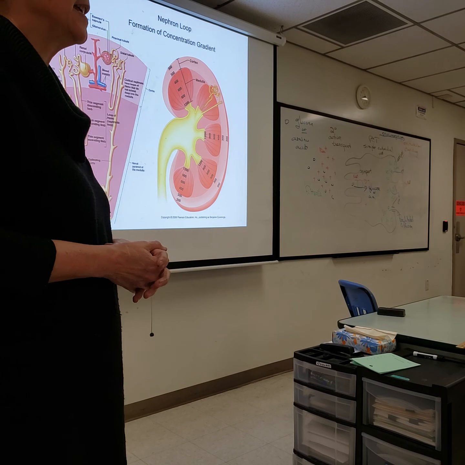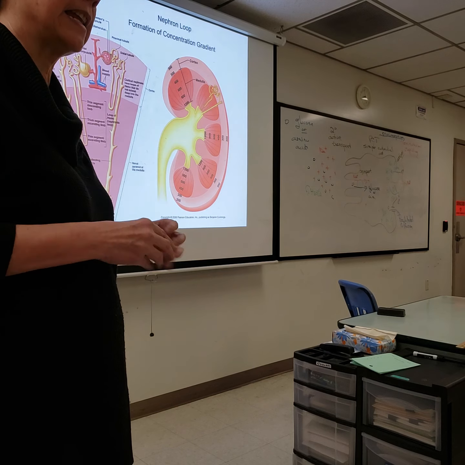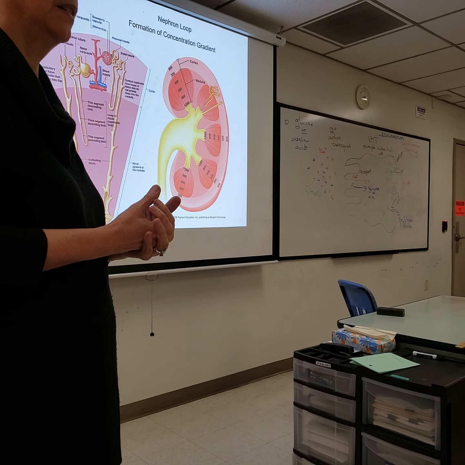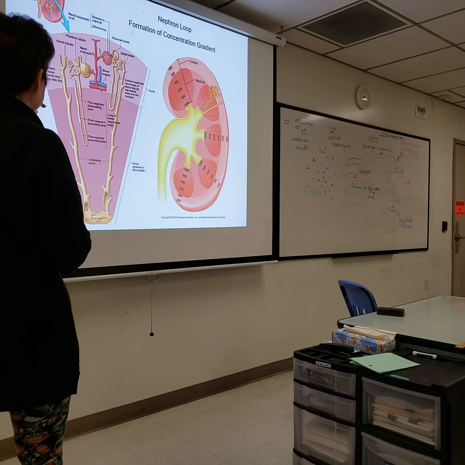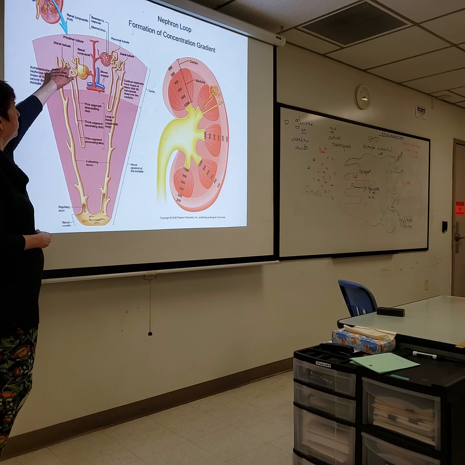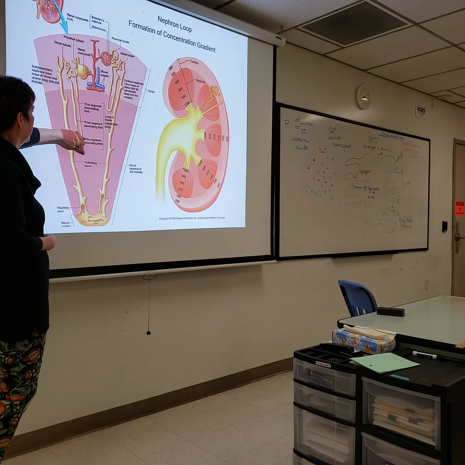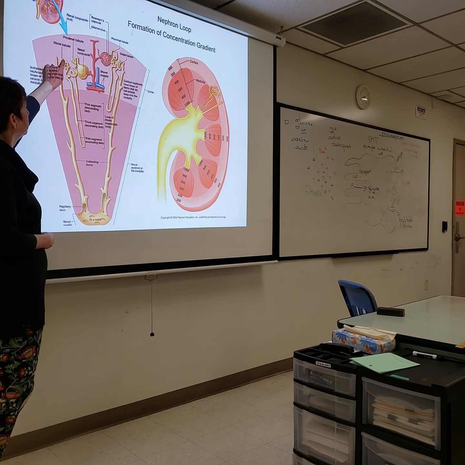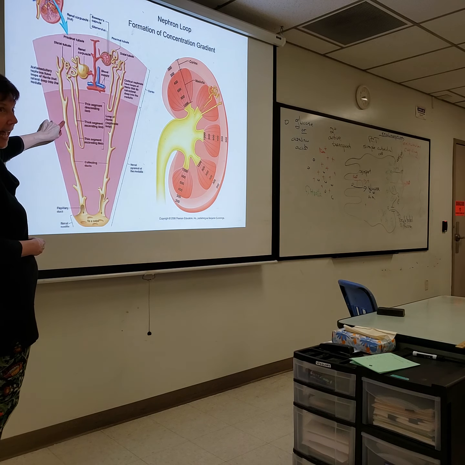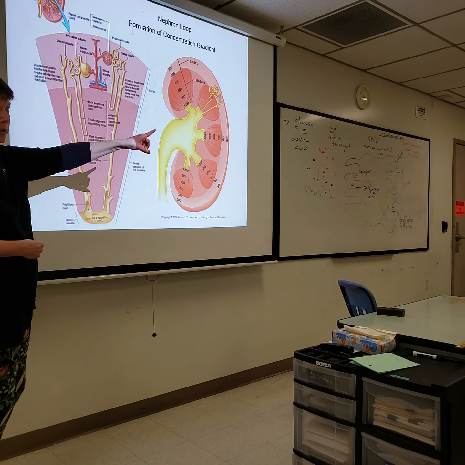All right? It sets up a concentrated gradient around the nephron loop, so that when the collecting duct carries the filtrate back down, that's what ADH does. All right, so let me explain that. May I erase the board?